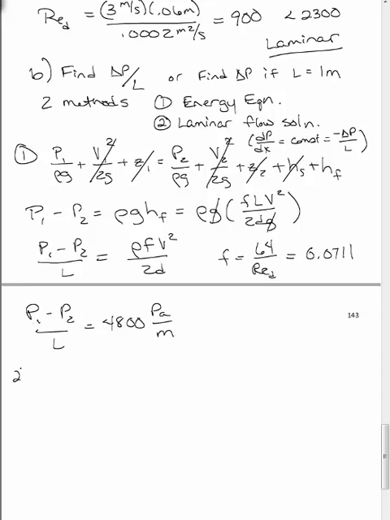Let's go ahead and do it using method 2 as well, just to show using our Navier-Stokes solution. Okay. So our Navier-Stokes solution was, well, we can use actually the Umax equation. Umax is 2V, which is 6 meters per second, okay?